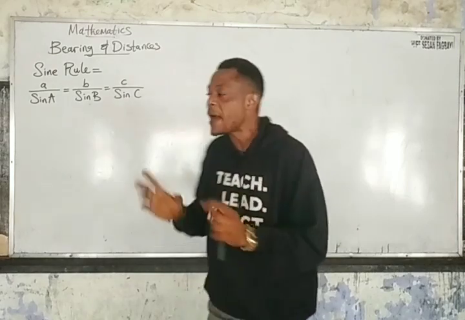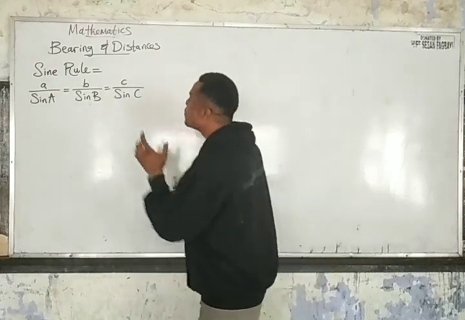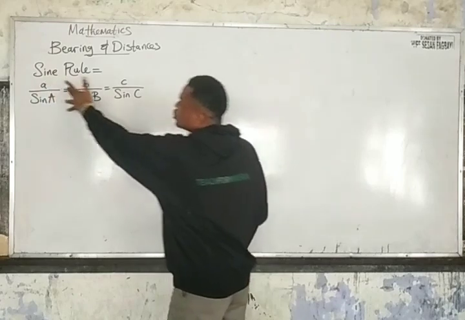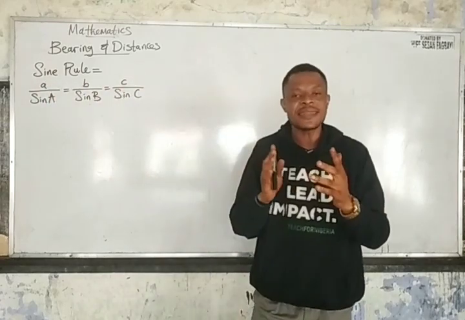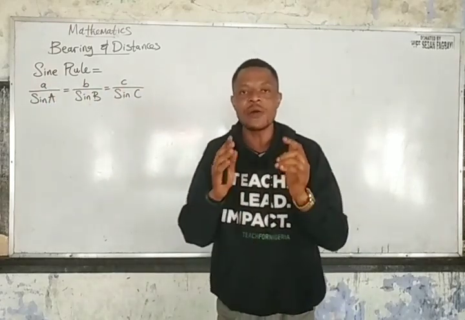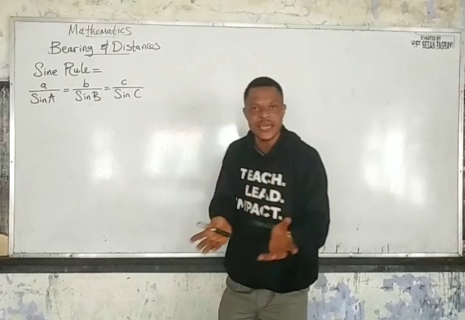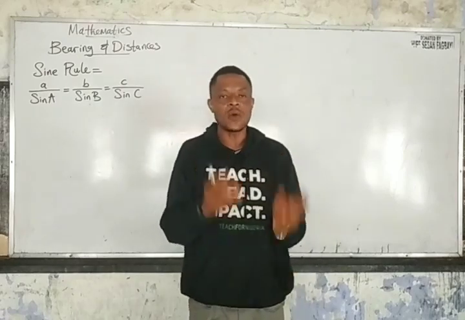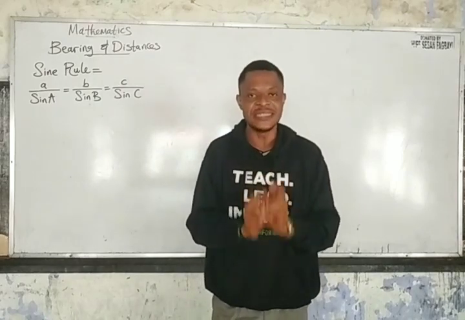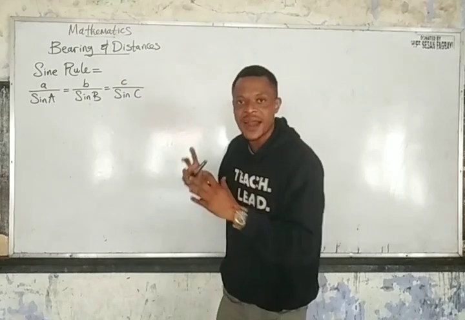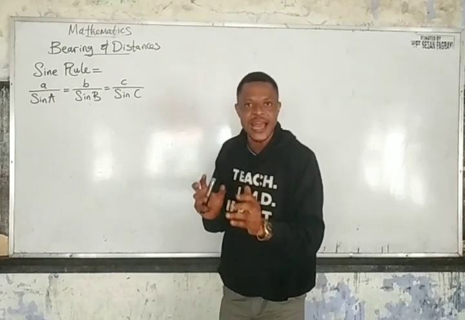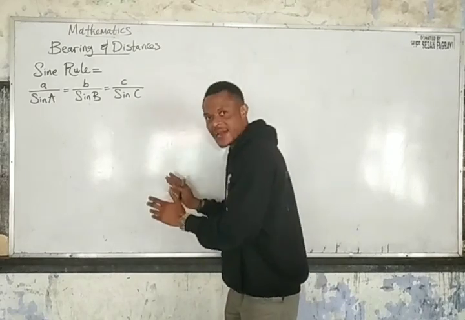We implement this by picking any available two. We are not going to use the three together. By the time we see a question, we will see how these are applicable in solving our questions from bearing and distances, after the correct triangle has been generated.